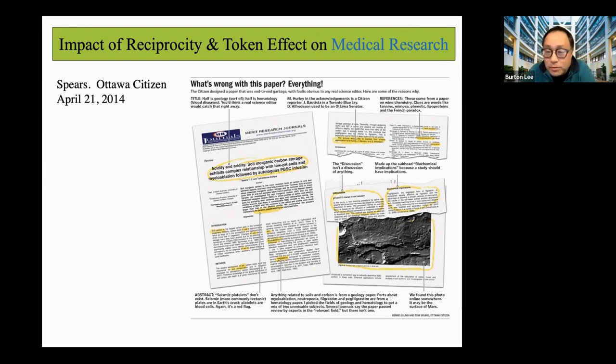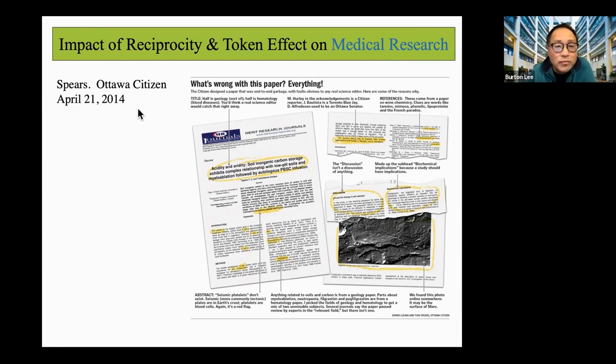So for you to get published, you have to pay anywhere from $500 to sometimes $5,000 or more to get your article published, which means, what is the motivation of the publisher? Well, the motivation is to just publish with relatively poor peer review, because that's how you get paid as a journal. So there have been all these funny papers coming out showing how shoddy at least some open access journals can be.